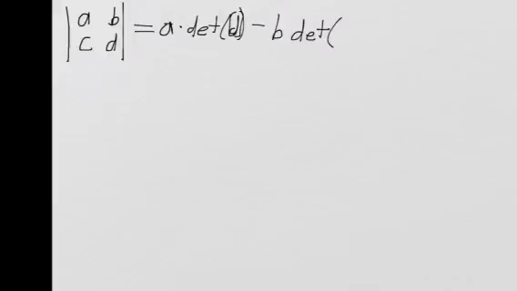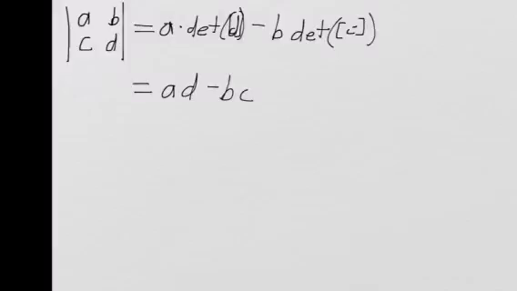If I go by the formal definition, that's going to give me A times the determinant of D, and I'm using this notation here so that I'm not confusing it with absolute value, and then minus B times the determinant of the matrix consisting of C. Well then, that just equals AD minus BC.